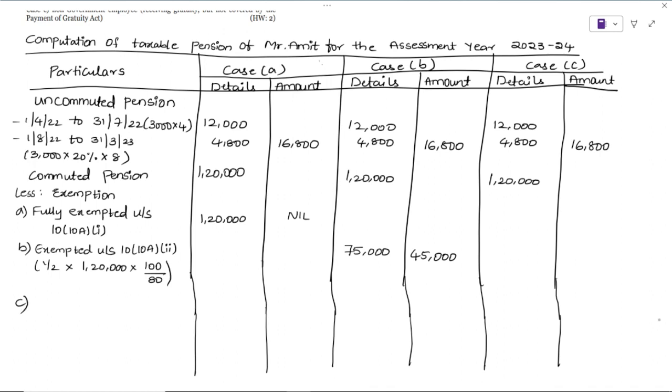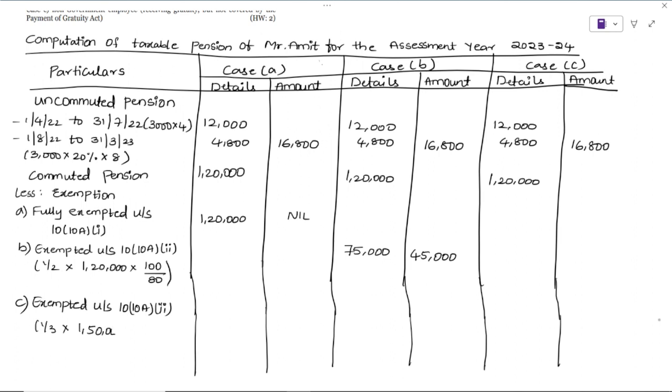Now let's write down case C. Exempted under section 10, subsection 10A, clause 2. Anyhow, the full value of pension is 1,50,000, we know. So directly we will write 1 by 3 into 1,50,000.